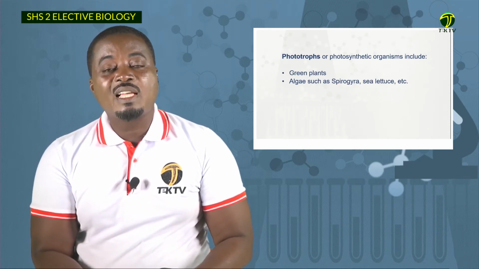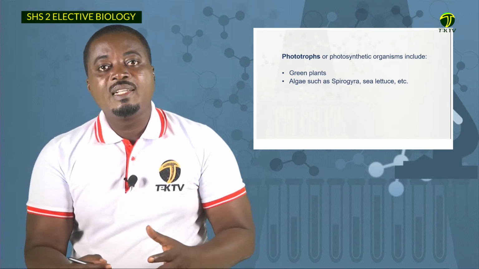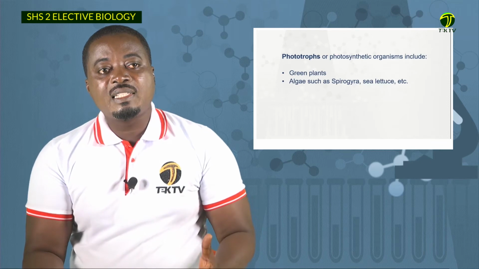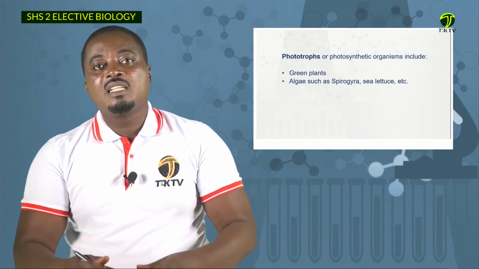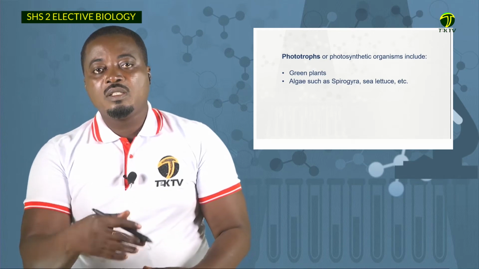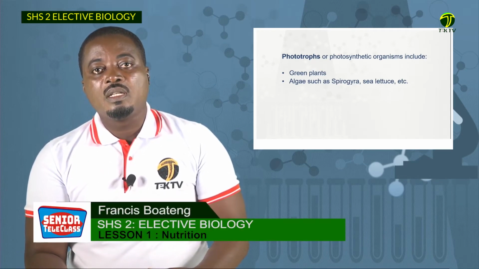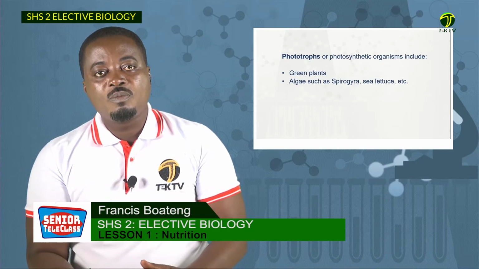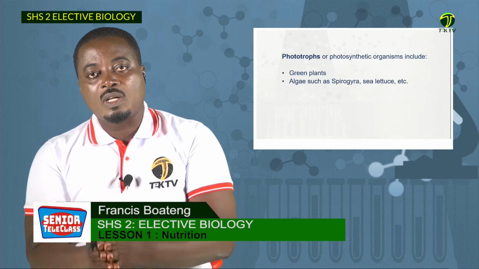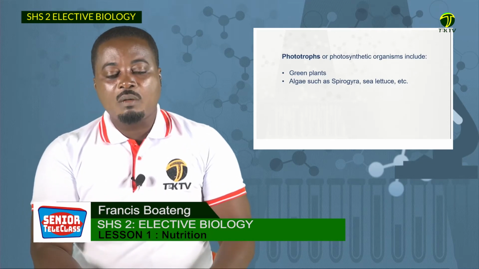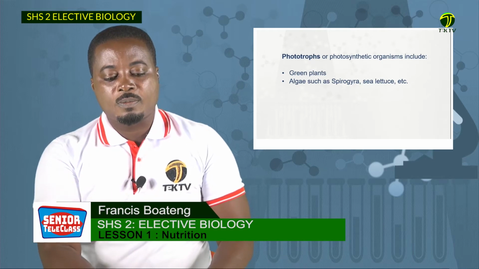So algae, there are several of them: Spirogyra, sea lettuce. We have brown algae, red algae, and green algae, which include Spirogyra and sea lettuce. All of them have chlorophyll. Therefore, they are photosynthetic organisms. So they are examples of phototrophs or photoautotrophs.